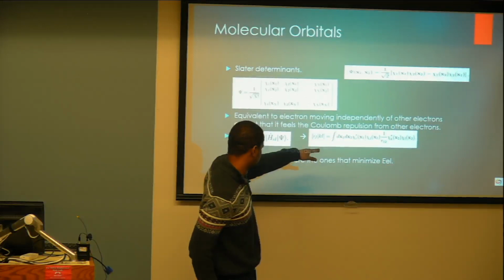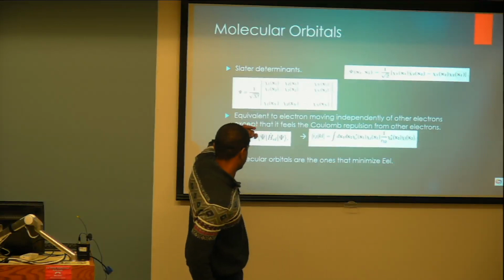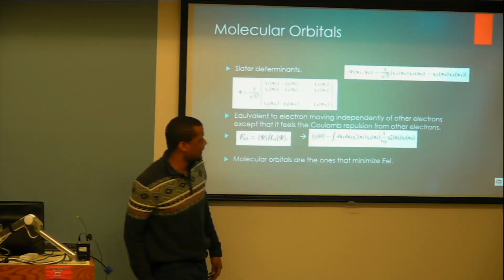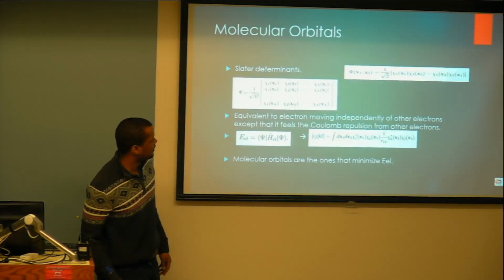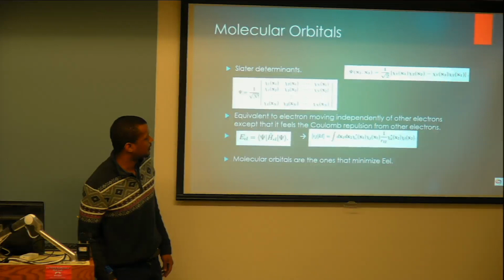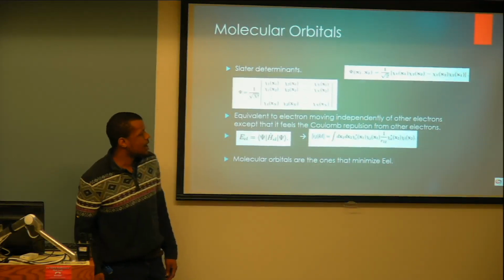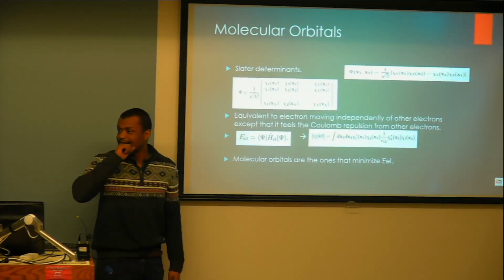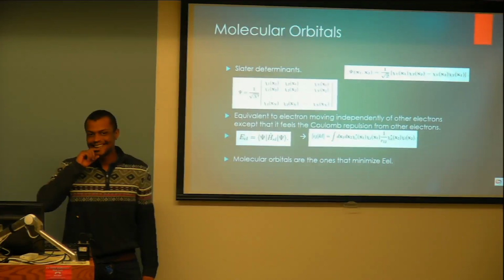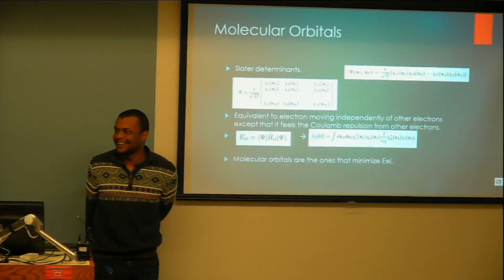But if the indices deviate from this rule, if they're swapped, it will be something different than Coulomb repulsion, and it will give a negative contribution to the total energy, and it is called exchange. Good. More questions to Salim?